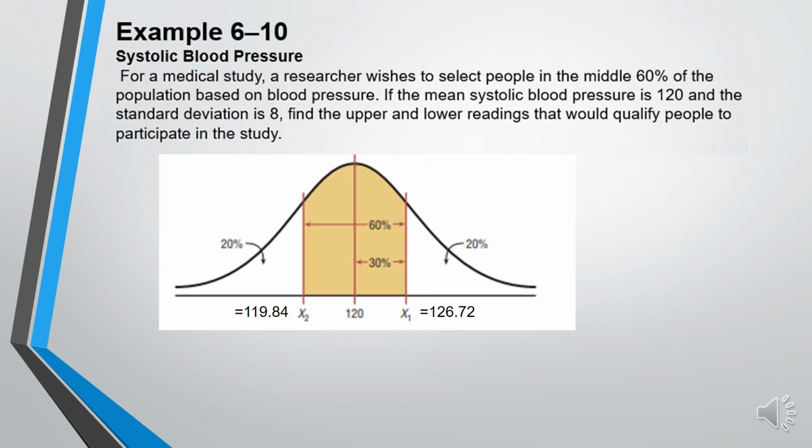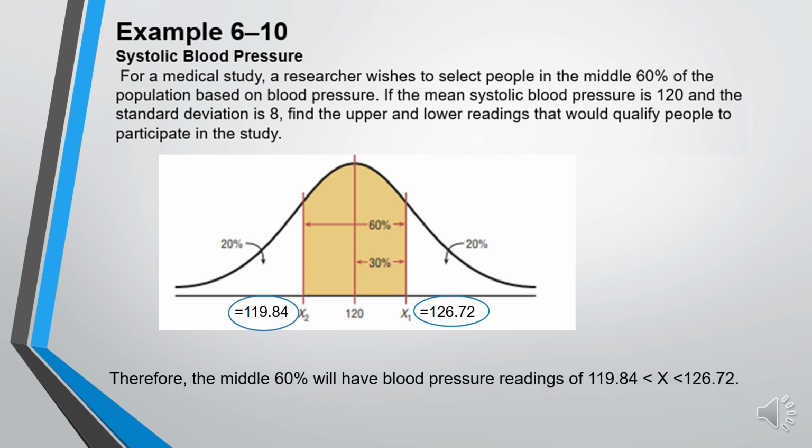Now that we know the value of x sub 1, which is 126.72, and x sub 2, which is 119.84, therefore, the middle 60% will have blood pressure readings of 119.84 is less than x, and x is less than 126.72.